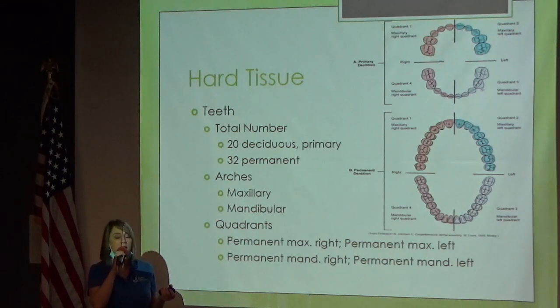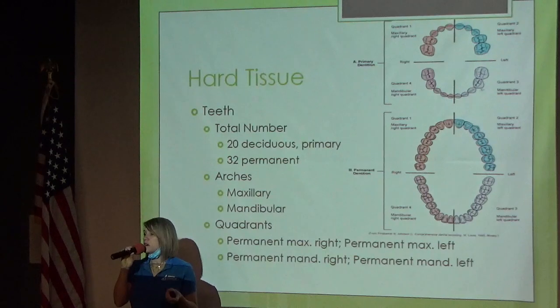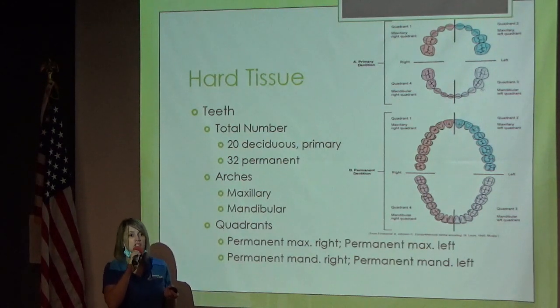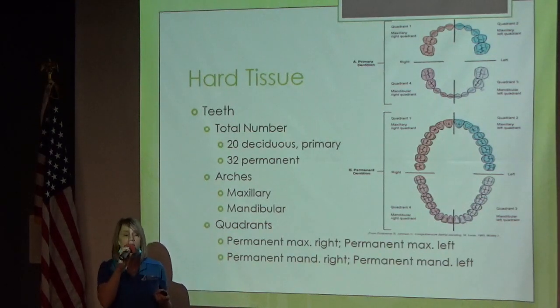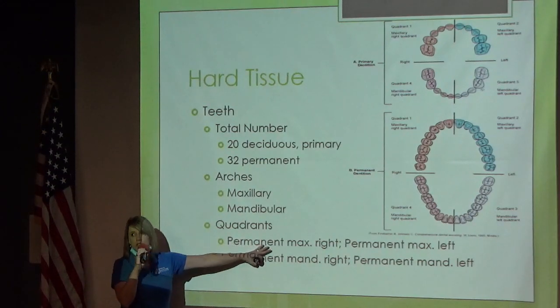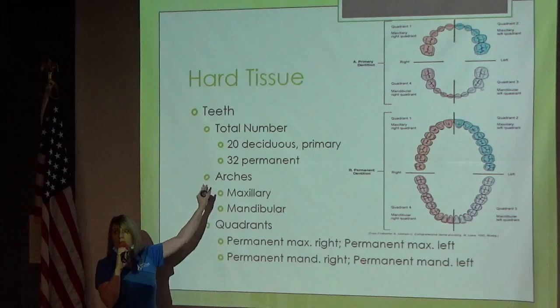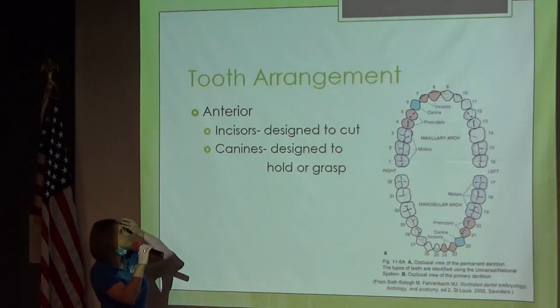When you're ordering supplies, one of the supplies that you may order would be those quadrant impression trays. Just to give you an idea of how we use these terms and what we're looking for. Again, just giving us directions. Any questions about this screen so far? It kind of keeps building, but just to start out.